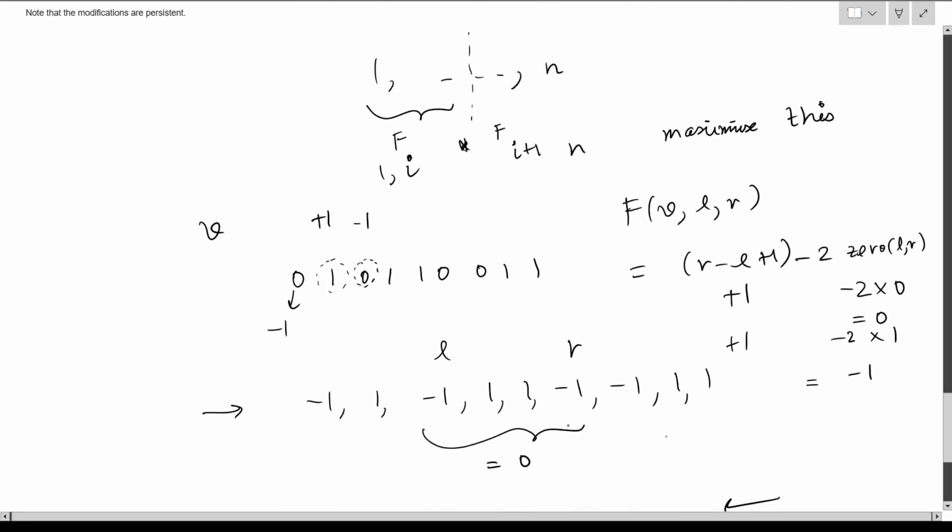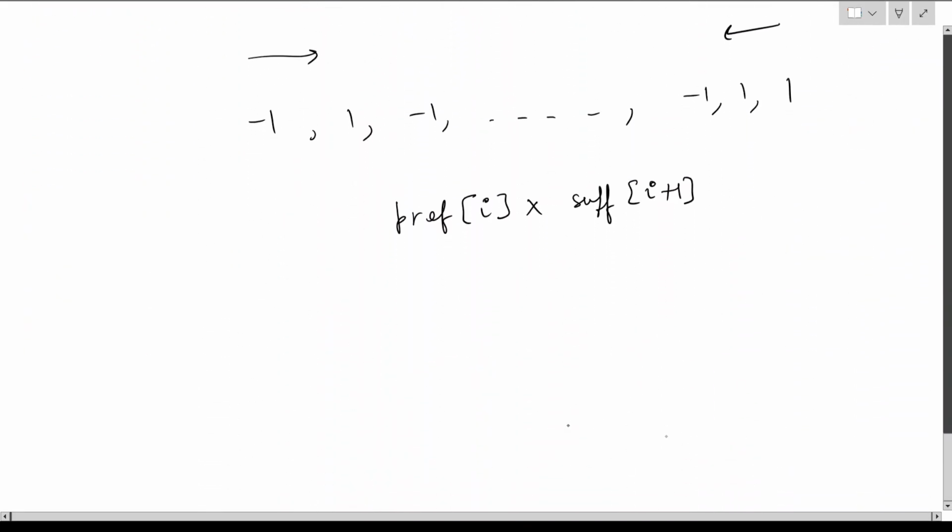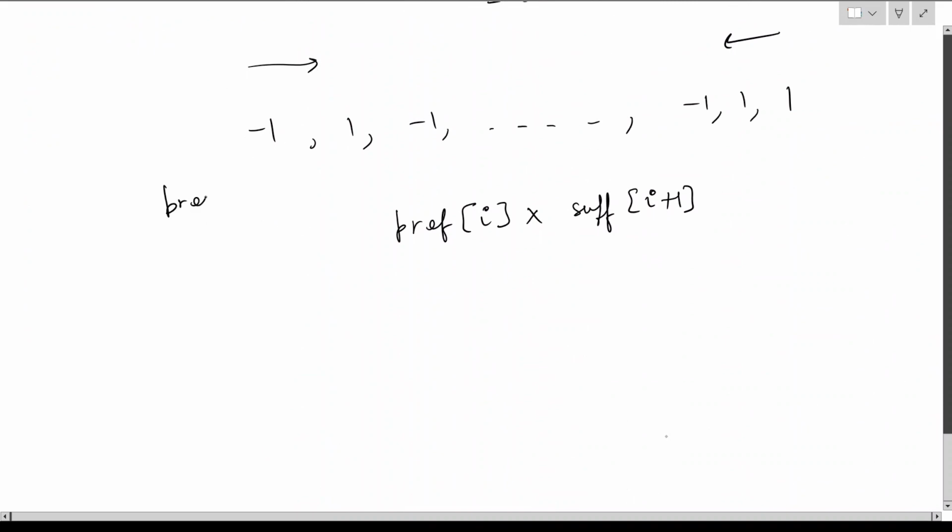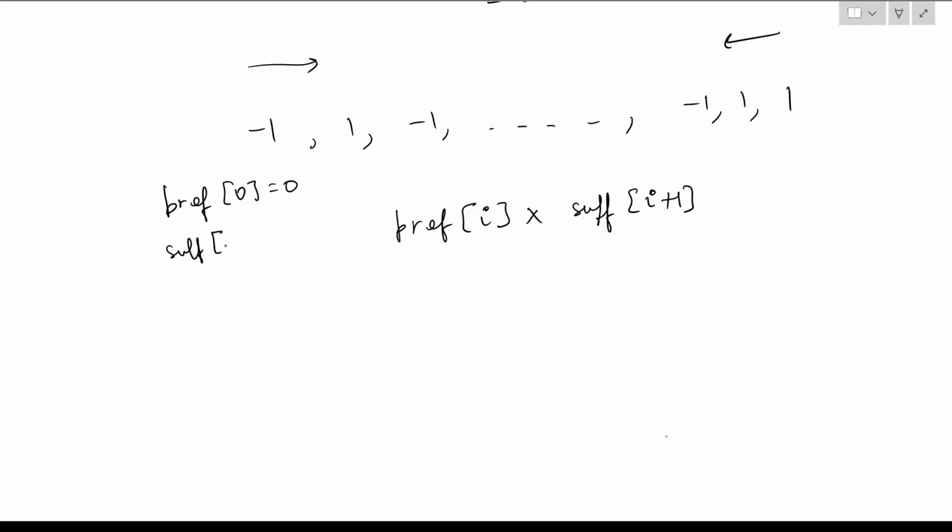Of course, here by convention, we will assume prefix of 0 to be 0 and suffix of n plus 1 to be 0. I hope I'm clear so far.